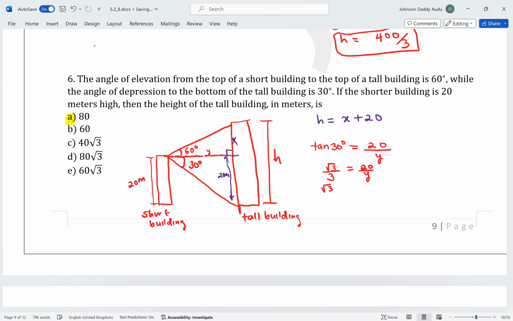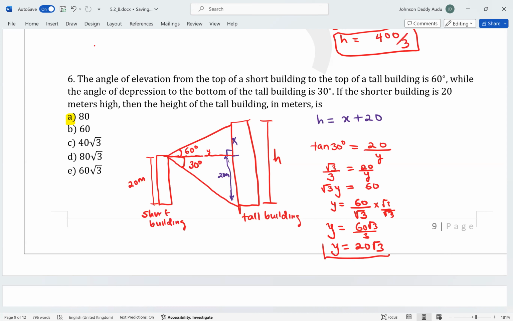So you have root 3y equals 60, am I correct? So y is 60 over root 3. If we cross multiply, or you rationalize, we'll have 60 root 3 divided by 3. So y is going to be 20 root 3, right?